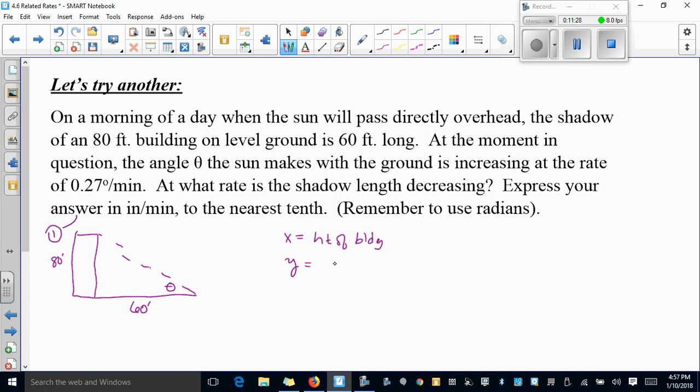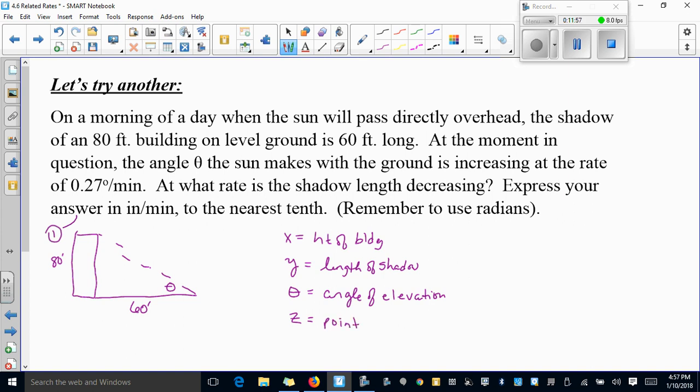And I'm going to throw Z in here. Z is the distance from the point on the ground to the top of the building. We're still using SOHCAHTOA on this one. We do need the angle. So let's go ahead and assign values, that way we know how to approach this.